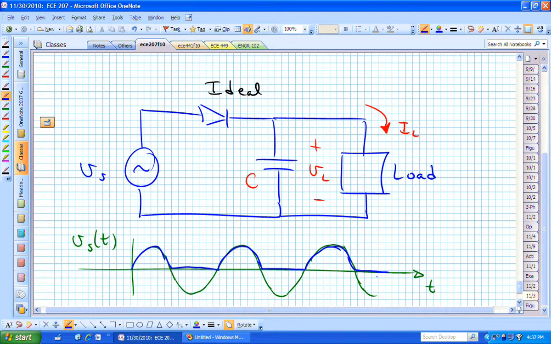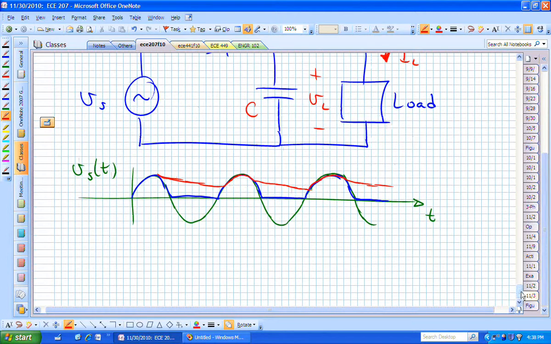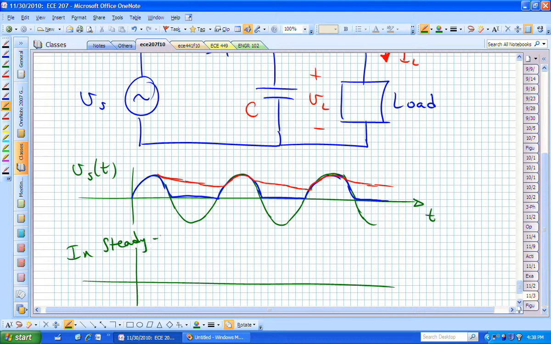With that capacitor in there, what's it going to do? Well, you're going to try to charge that capacitor up, and then it's going to hold on to that charge when things start decreasing. Then it's going to go up, and then it'll go down, and it'll go up, and it'll go down, and eventually what you're going to have is this voltage across that load, let's say in steady state, looking more like, what's it doing?